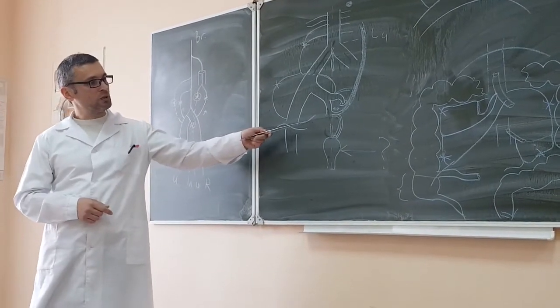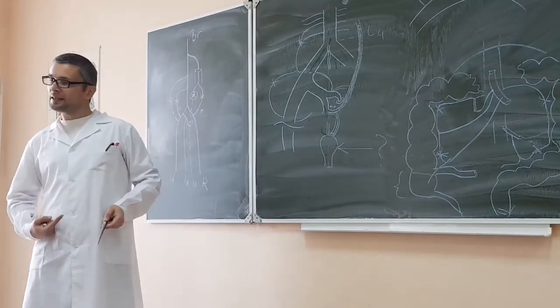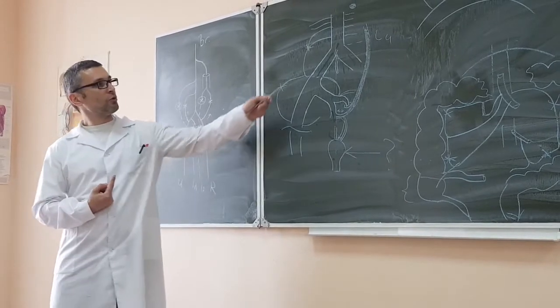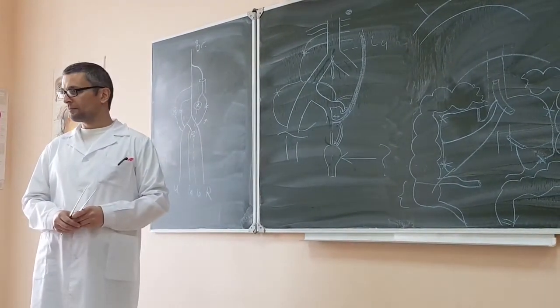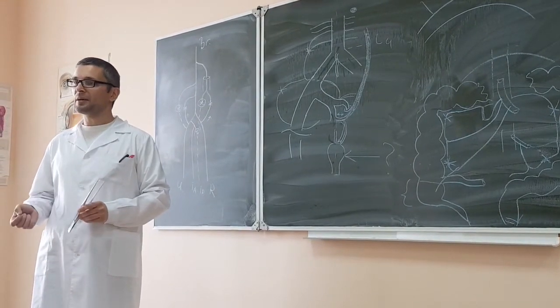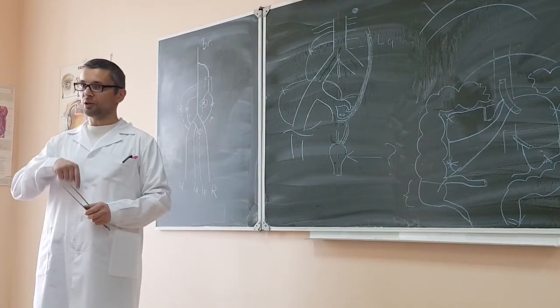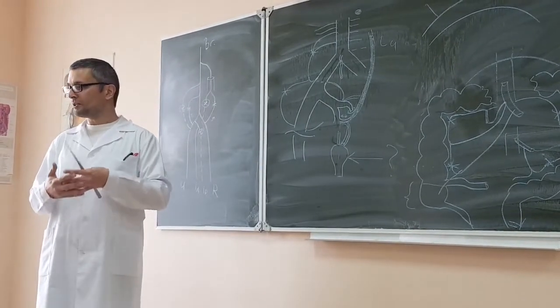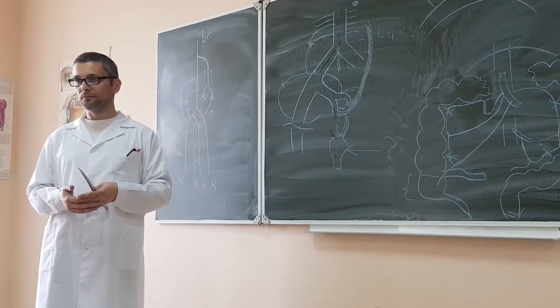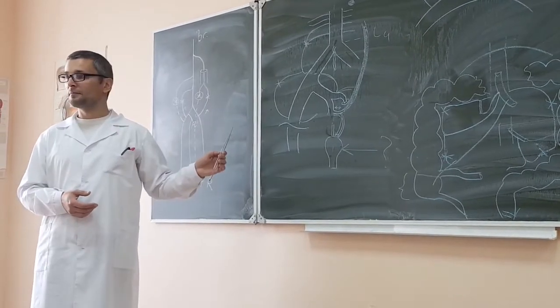Another artery goes medially, and then it ascends up to the region of the umbilicus. This artery is called epigastrica inferior. You remember arteria epigastrica superior, which starts from thoracica interna. So in the region of the umbilicus, these two arteries unite to form an anastomosis. Did you understand this?